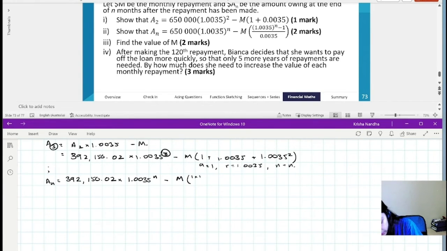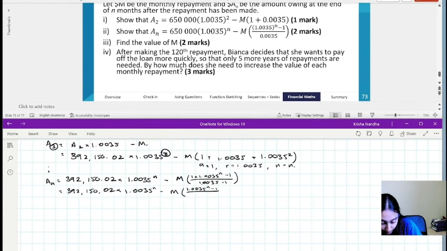So it'll be 1 times 1.0035 to the power of n minus 1 on 1.0035 minus 1. So it'll be equal to 392,150.02 times 1.0035 to the power of n, minus m times (1.0035 to the power of n minus 1) on 0.0035.